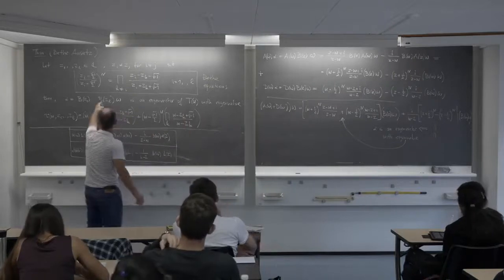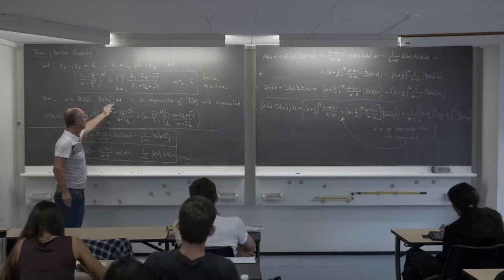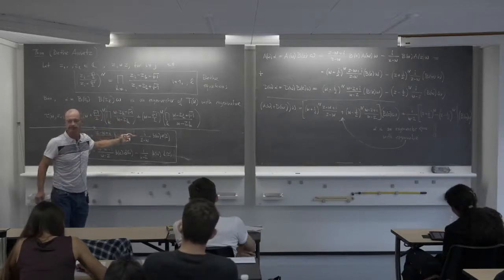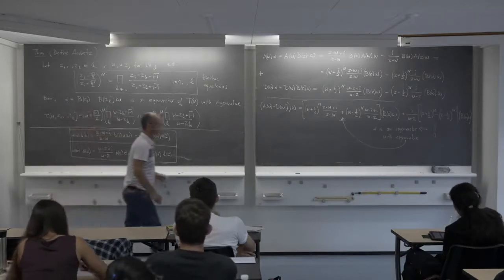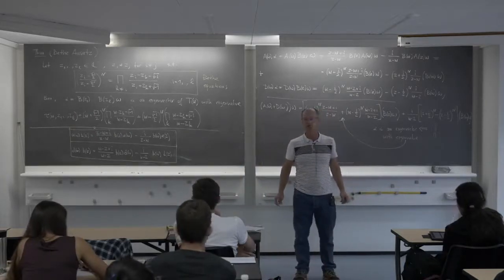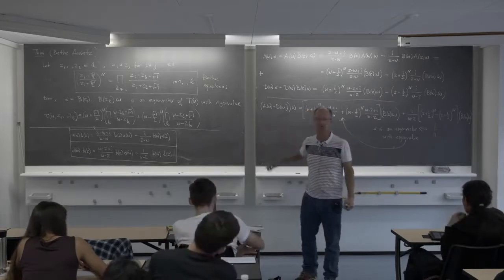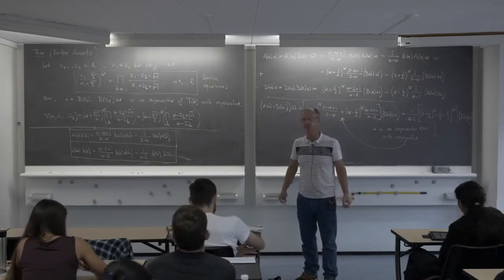And that was part of what the Bethe-Ansatz theorem was saying for L equal 1. Now, homework is to prove it for L equal to 2. And in principle, a similar argument would show that it actually works for any L.